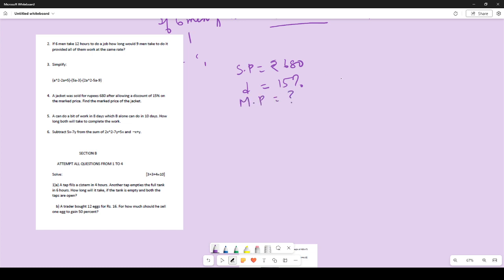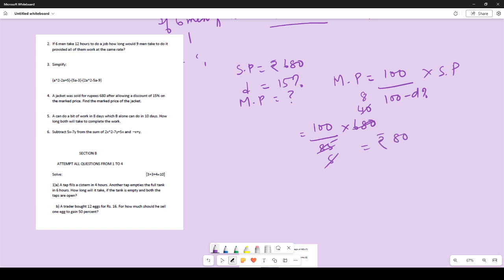So now we need to remember the formula. Marked price is equal to 100 by 100 minus discount percent into selling price, and straight away you can apply the formula and get 100 by 85 into 680. We know both of them are divisible by 17, so this makes it 8 into 100.